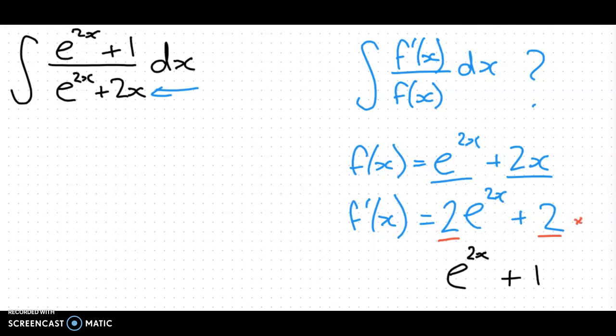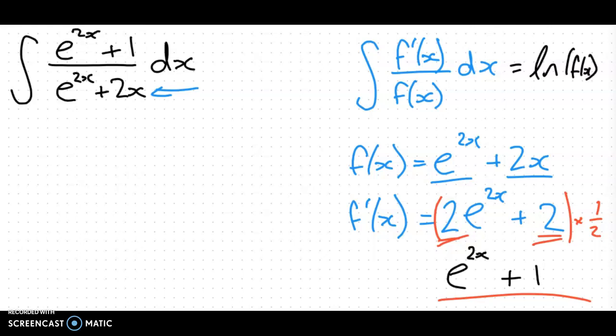If we multiply the whole thing by a half, that's going to get rid of those 2s and it's going to be the same. So that's where we go, oh, cool. Well, these kind of guys, where we have the function with the derivative on the top, they always integrate to ln of that function, right? So that's what it's going to be.